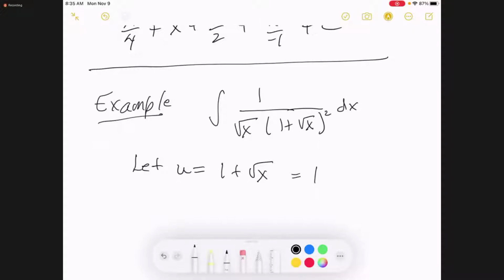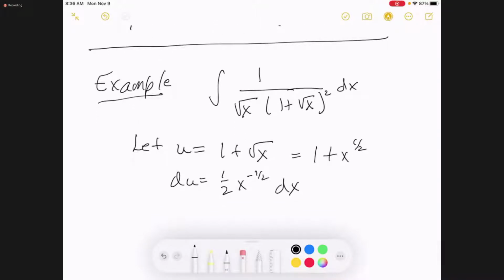Well, let's see. du then is 1/2 x to the -1/2 dx, and okay, that's equal to 1/2 times the square root of x dx. And you've got 1/2 the square root of x dx in your integral.